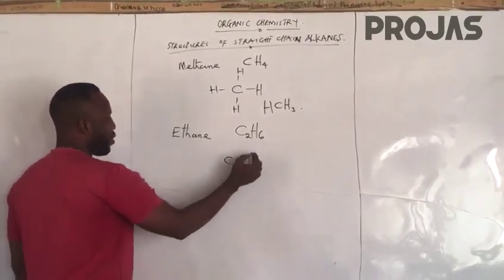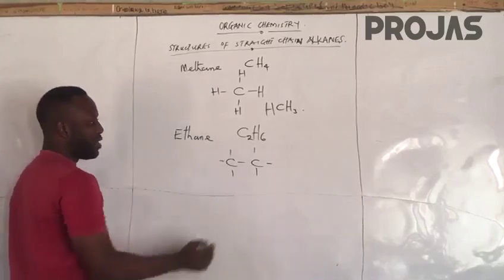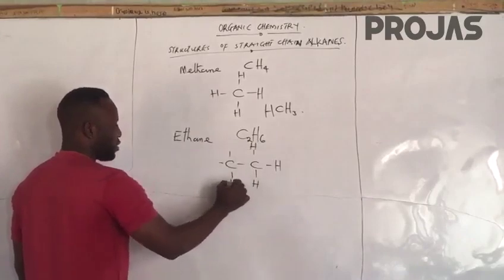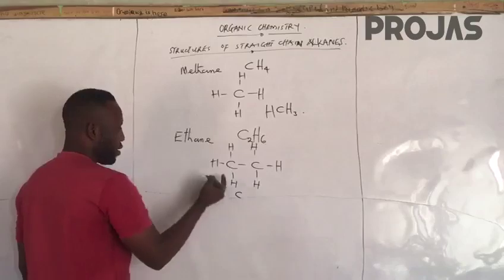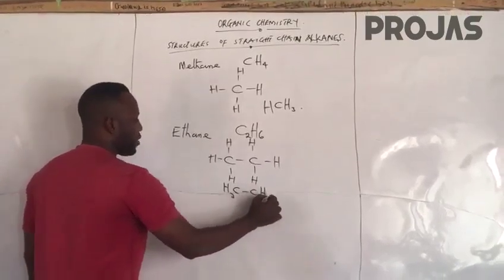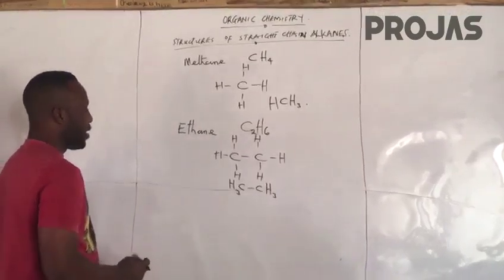To 1 carbon atom, there are always 4 bonds because carbon is tetravalent. Then we attach the hydrogen. So here we have 3 hydrogen and another carbon, 3 hydrogen. And this is the structure of straight chain for ethane.